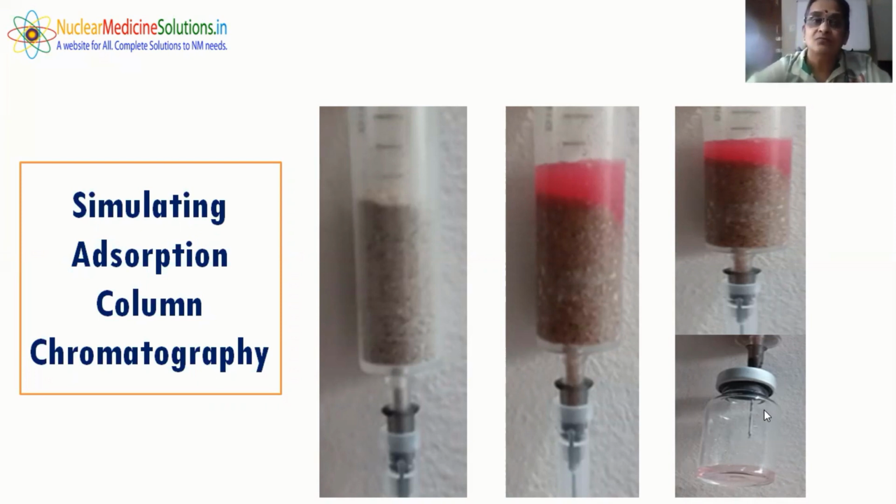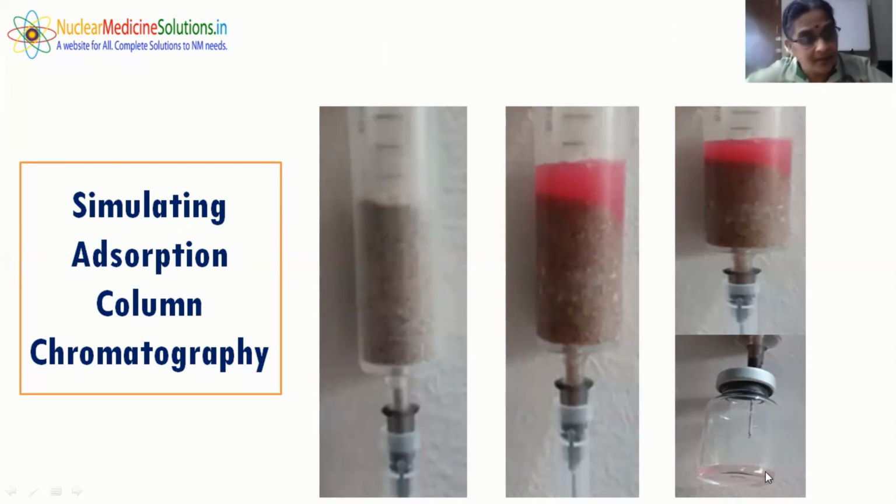Because this vial will have a negative pressure. It is also called a vacuum vial, so that the liquid gets sucked into this vial. And all being a closed system, this does not require any further processing.